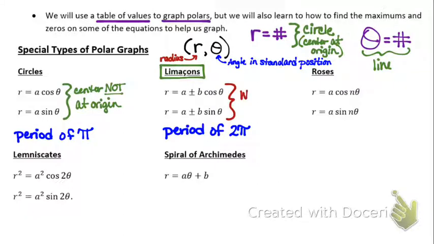So our equations are going to have a plus or a minus in them, and then it's also going to have a sine or cosine. Our circles don't have the plus or minus, just the sine or cosine.